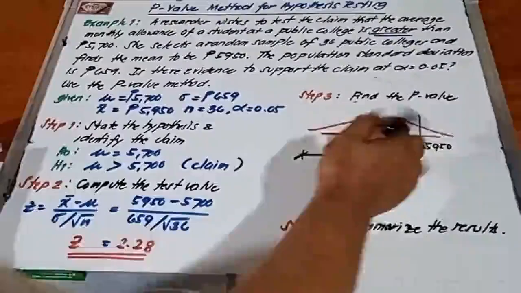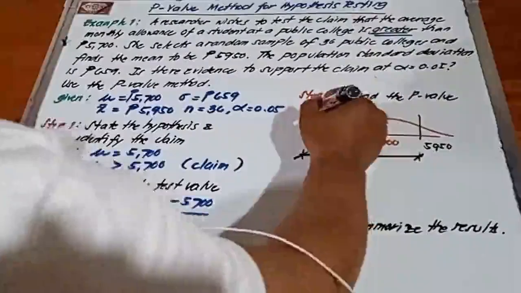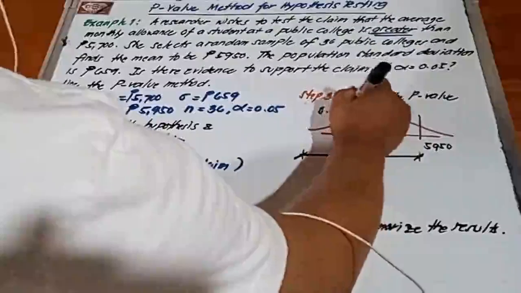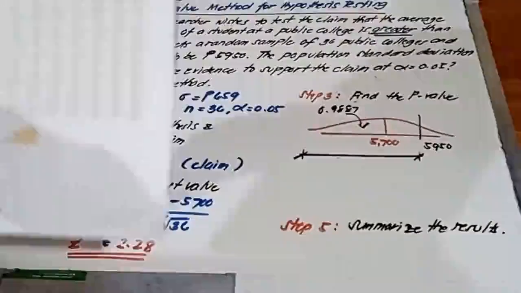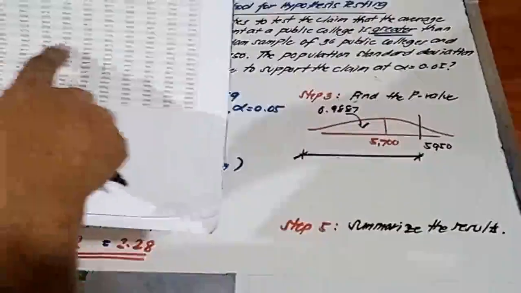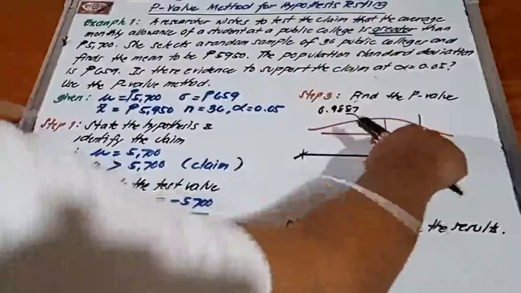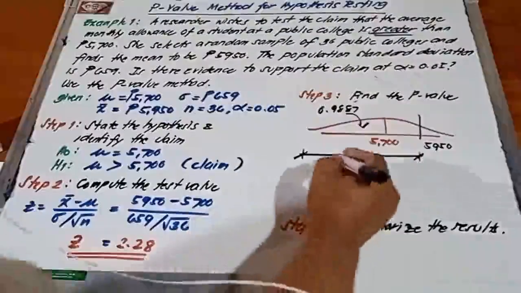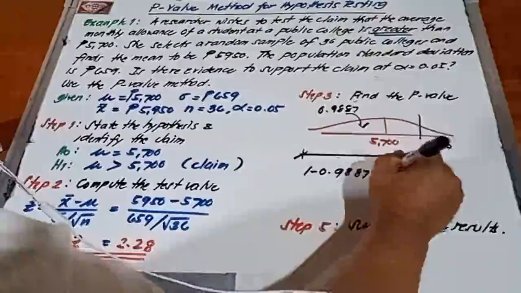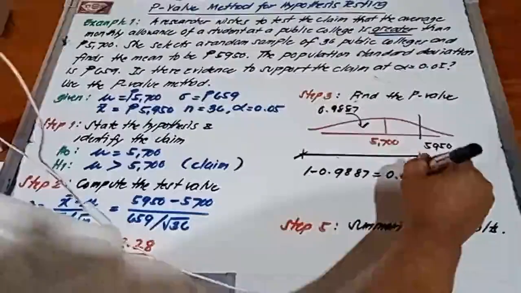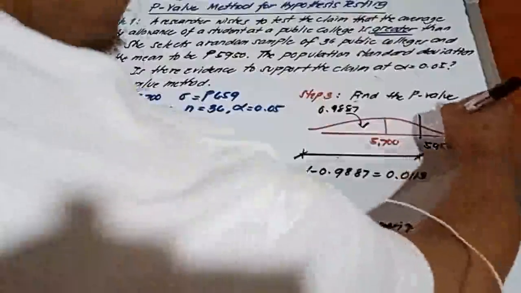Okay, ang area nito is 0.9887. That is 2.27. So 2.28, sorry. 2.28 is 0.9887. So kailangan nating area ito. So that is 1 minus 0.9887. That's equivalent to 0.0113. Okay? So ito yung area na yun.